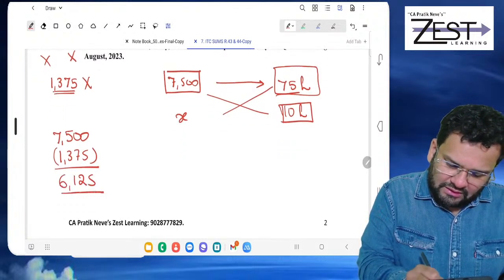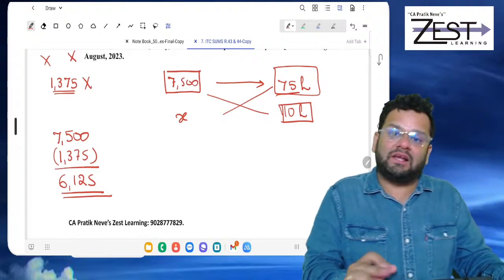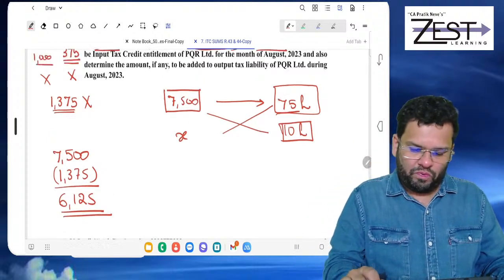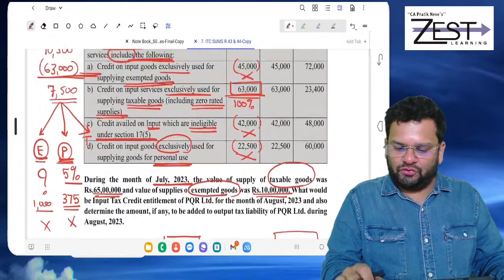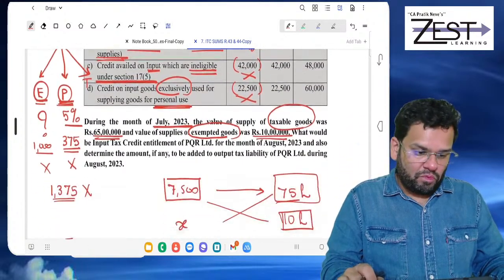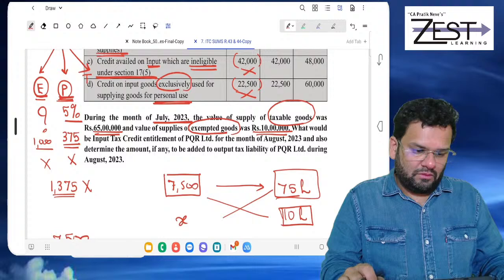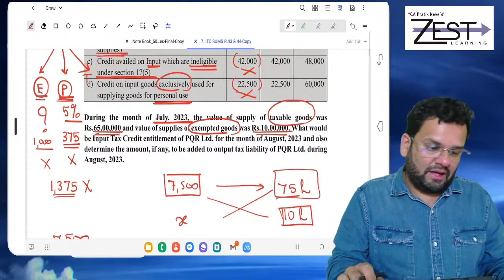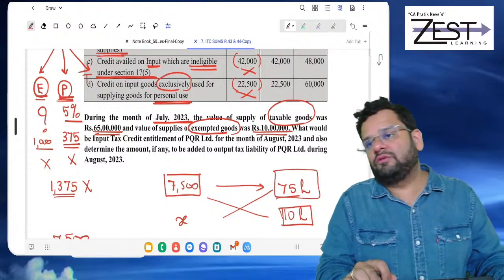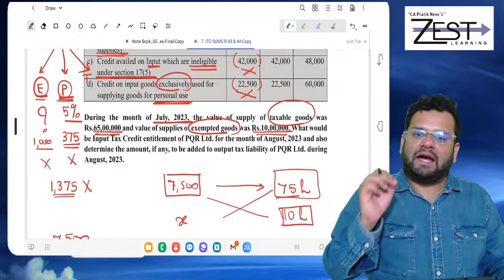Are you getting 6125 as allowed? And don't forget, yes, Mahalakshmi ji, for personal, it is always 5% as per the rule.